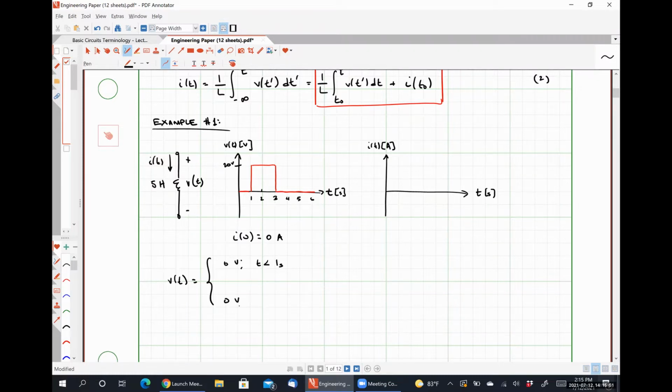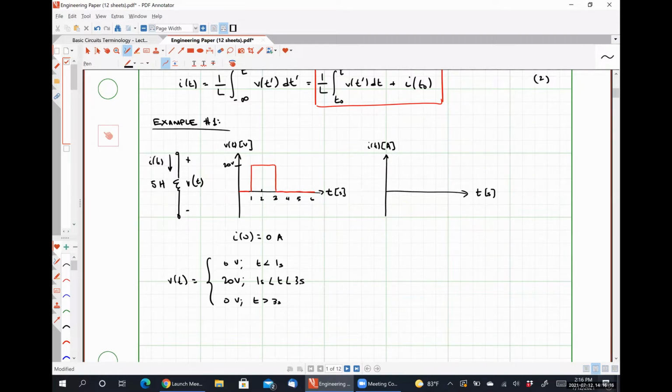It's also 0 volts for t greater than 3 seconds. And it's 20 volts when 1 second is less than t is less than 3 seconds. Does that piecewise definition for our voltage seem reasonable to you all? Yes, sir. Yes. All right.